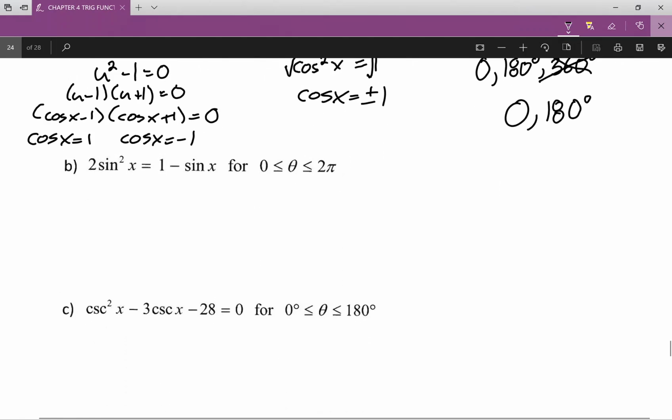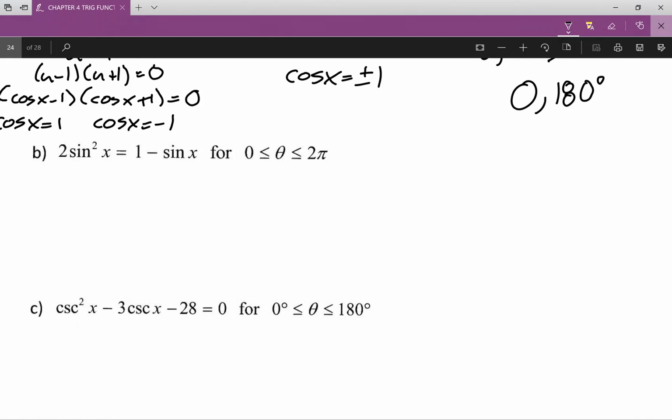Moving on, the next one, we get 2 sine squared x equals 1 minus sine x for 0 less than or equal to theta less than or equal to 2 pi. So again, the first thing that I do is set this up as a quadratic: 2 sine squared x plus sine x minus 1 equals 0.